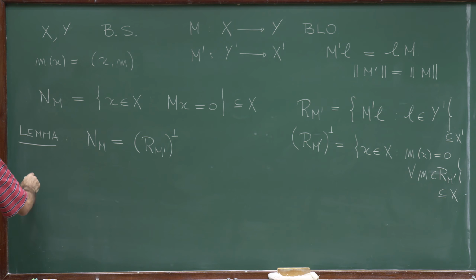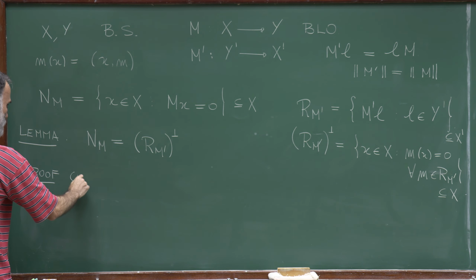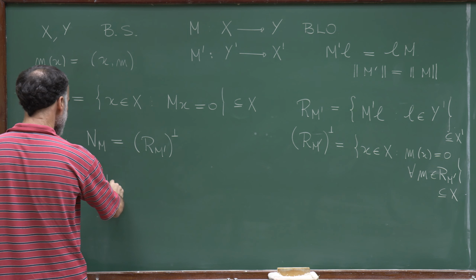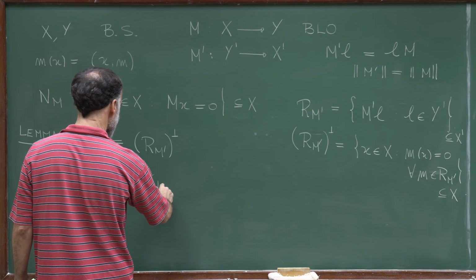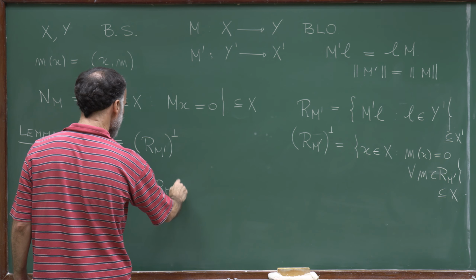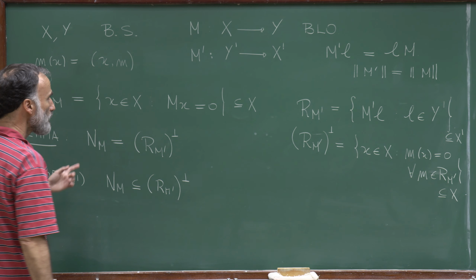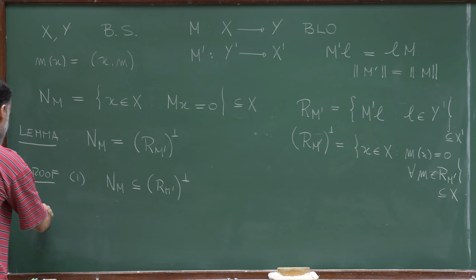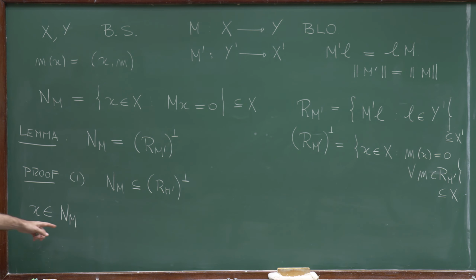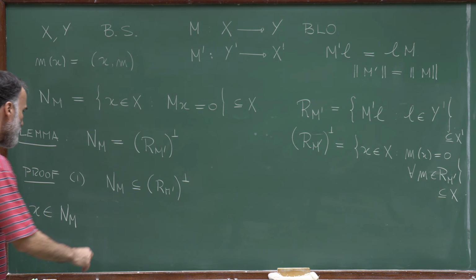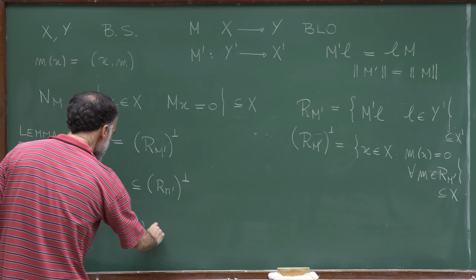And so let's prove that by first showing the first inclusion, that Nm is included in Rm prime perp. So let's take an element in Nm. So this is a point x. So it's in the null space of M. So this means that M of x is equal to 0.